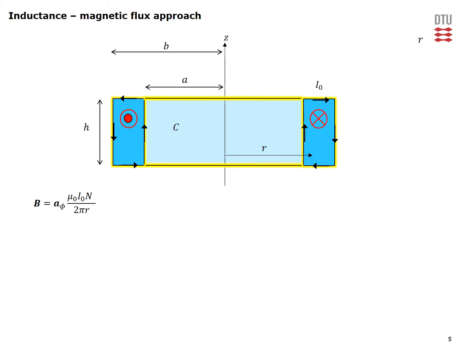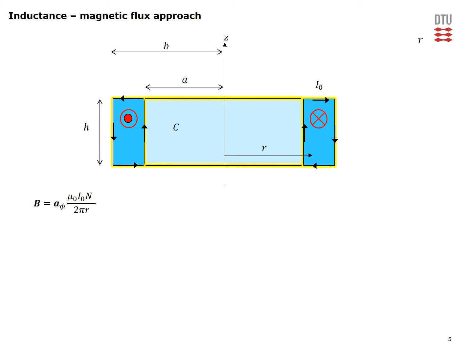Having determined the B field, we would next like to determine the inductance, and we will do this first by using the so-called magnetic flux approach. So we simply have to find the magnetic flux which is being linked by the current in our wire around our toroidal core.